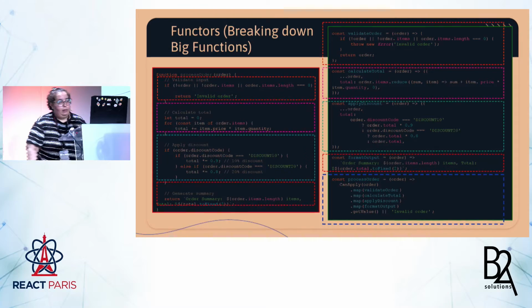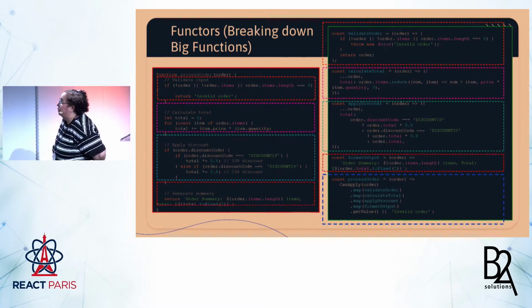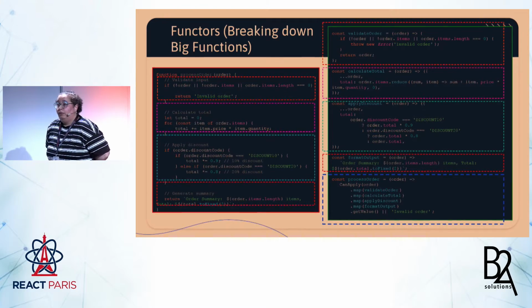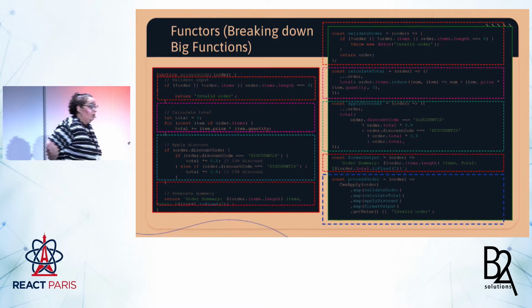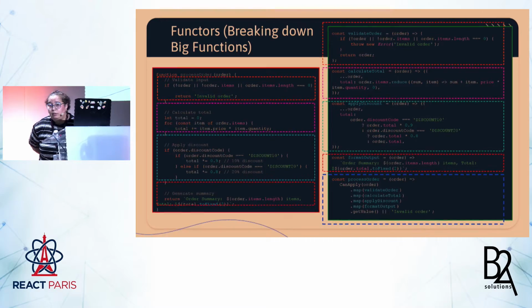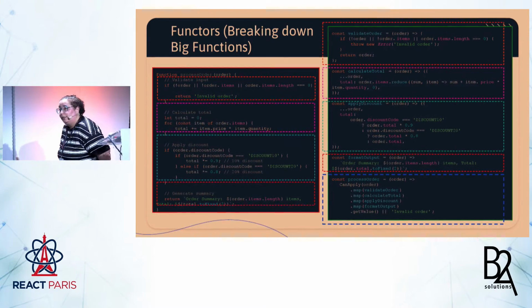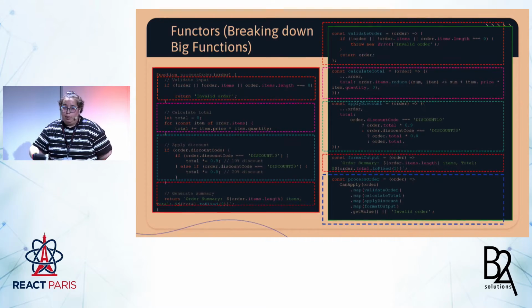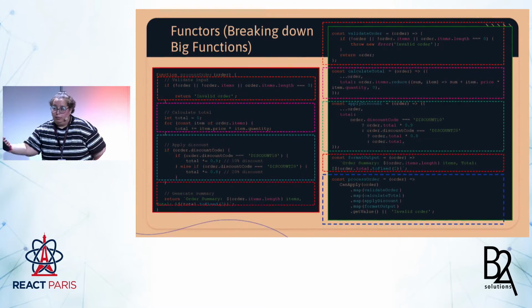Some practical examples of applying category theory and using functors. As you can see here, I started my review with a big function. This big function does many things. So in our guideline, we say that we must adhere to category theory principles.